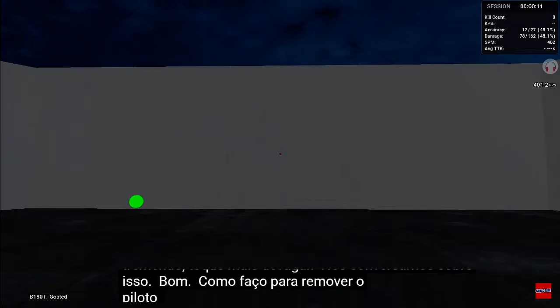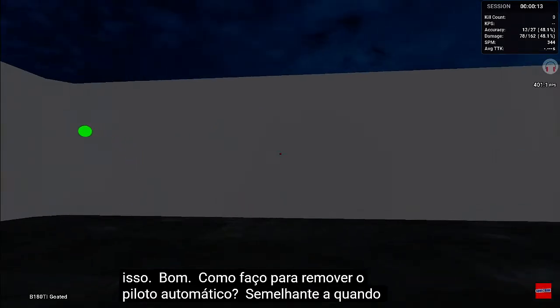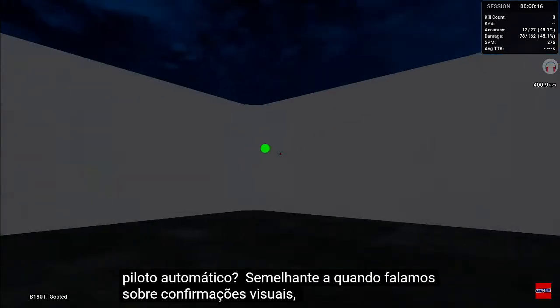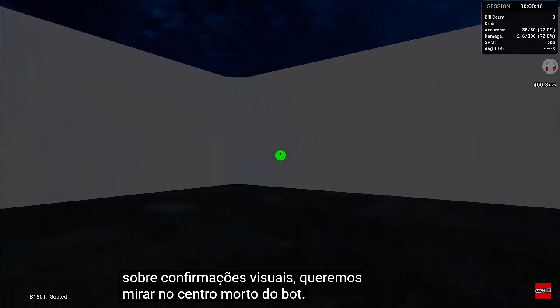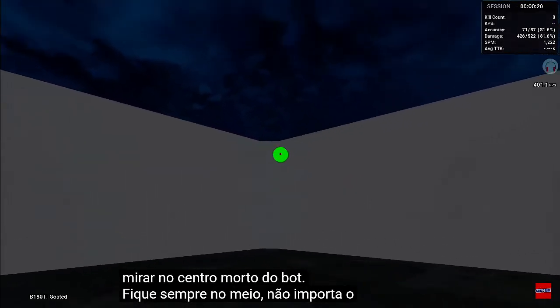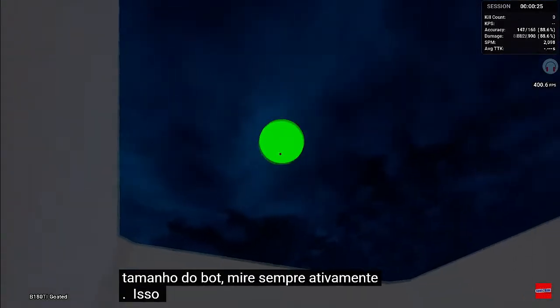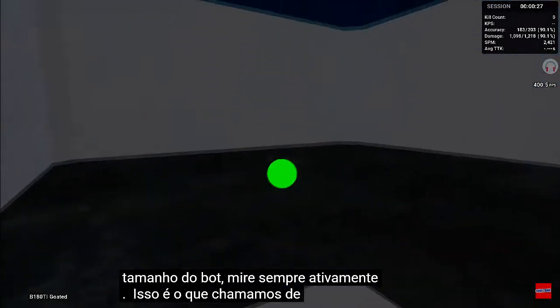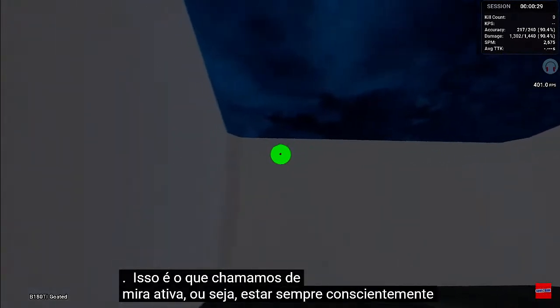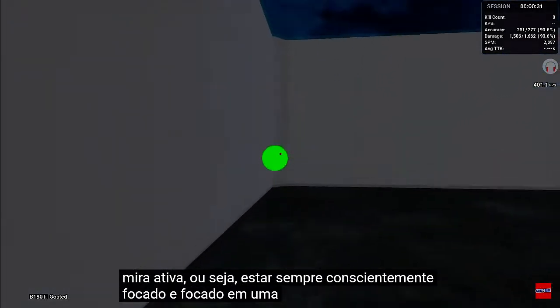How do I remove autopiloting? Similar to when we talked about visual confirmations, we want to aim for the dead center of the bot. Always staying in the middle, no matter how large the bot is, always actively aim. This is what's known as actively aiming, by consciously always being locked on and focusing on one specific body part.